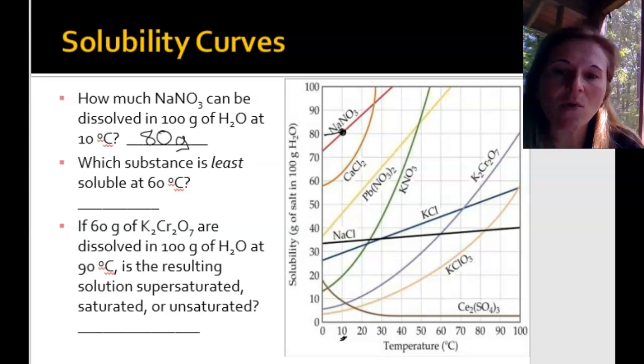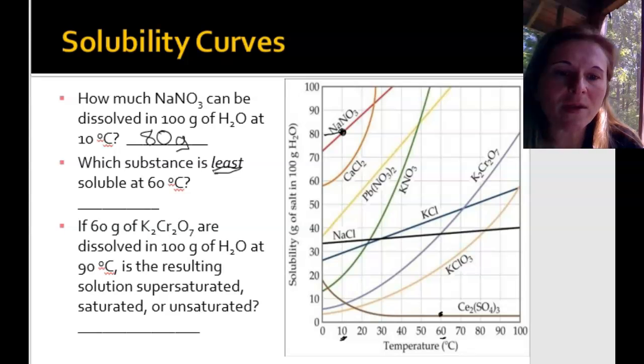Let's look at our second one. Which substance is least soluble at 60 degrees Celsius? Least is going to be that we can put the least amount of substance into our water. So that's going to be the first line that we hit. We go to 60 degrees here because that's what it's asking for.